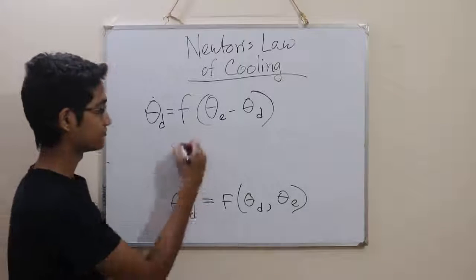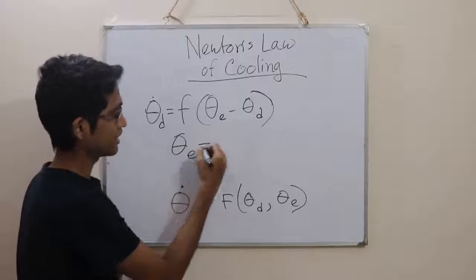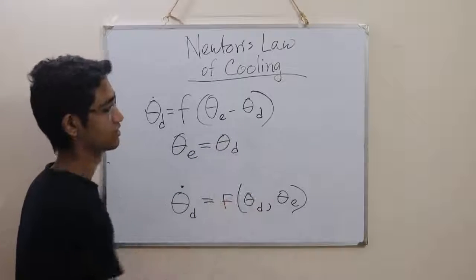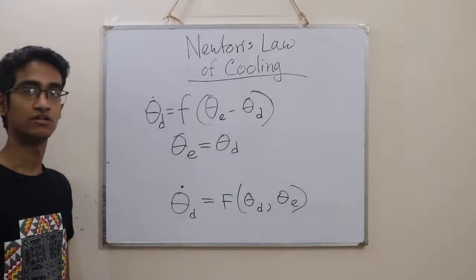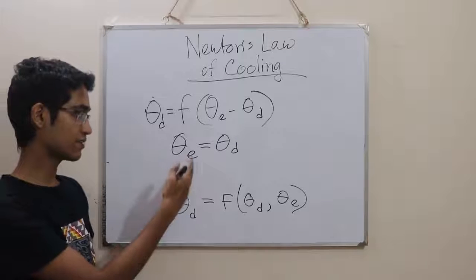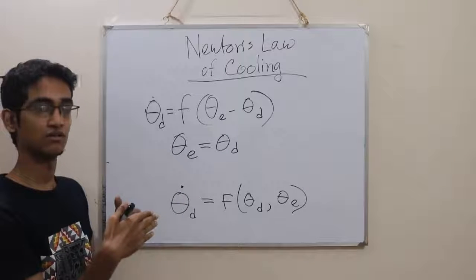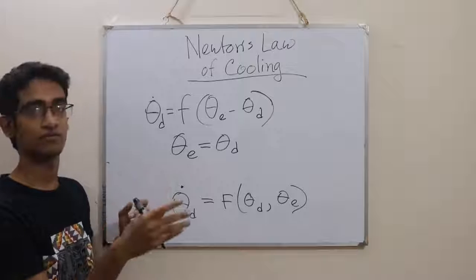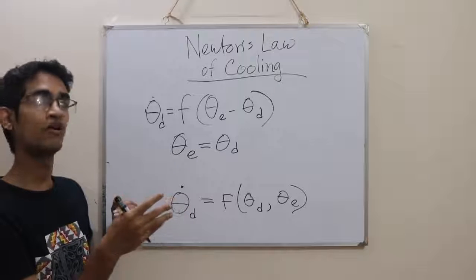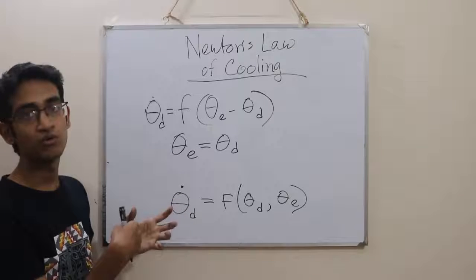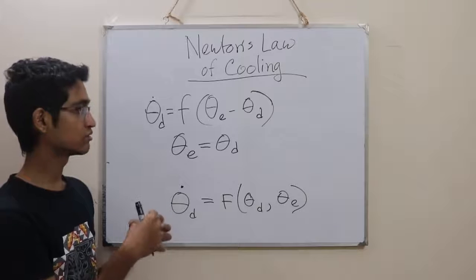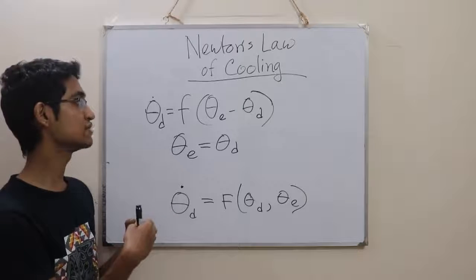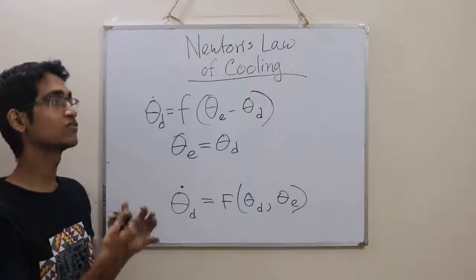Now, if theta E and theta D are equal, we can expect no change, because as they are at the same temperature, the drink will not get warm, nor will the environment get any colder. So there is no rate of change of theta D, as theta D is now constant.